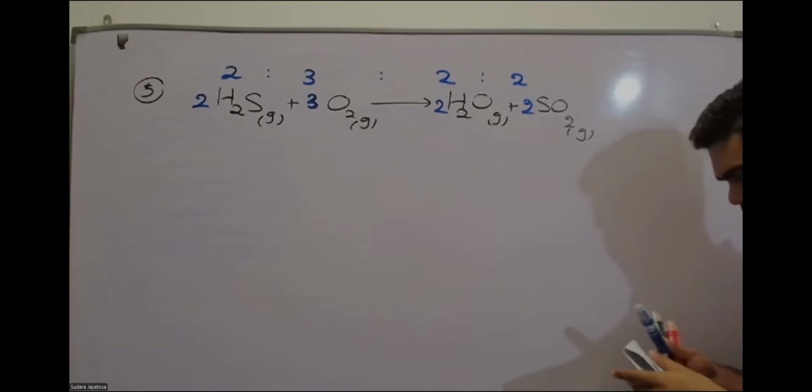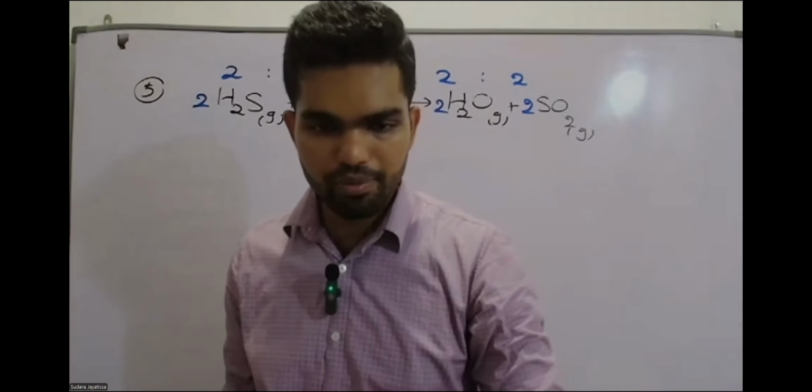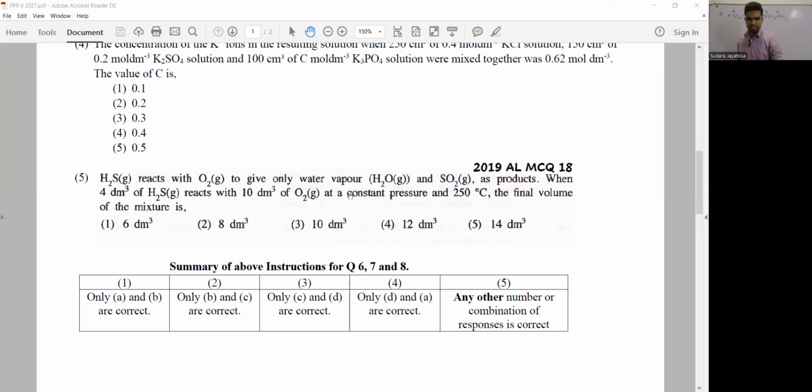And then before we go into the answer, let me show you one important part in the question. Did you notice? The question is telling that at constant pressure and 250 Celsius. So this is done at constant pressure and 250 Celsius.